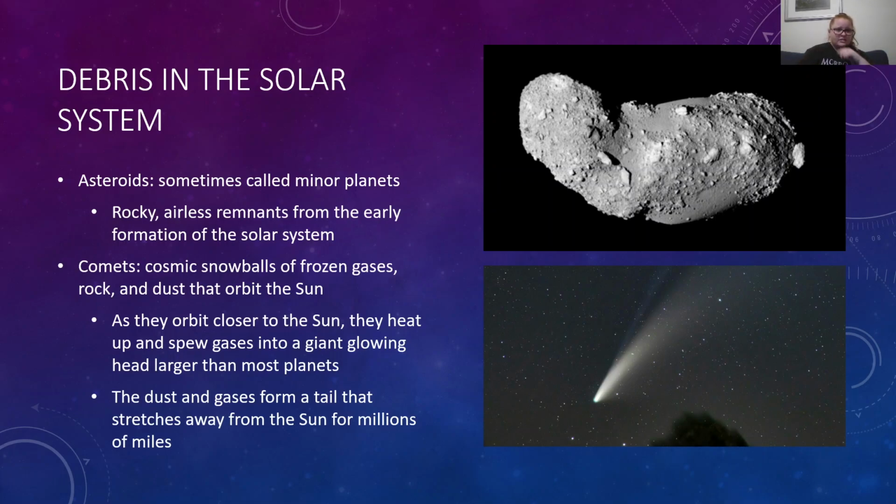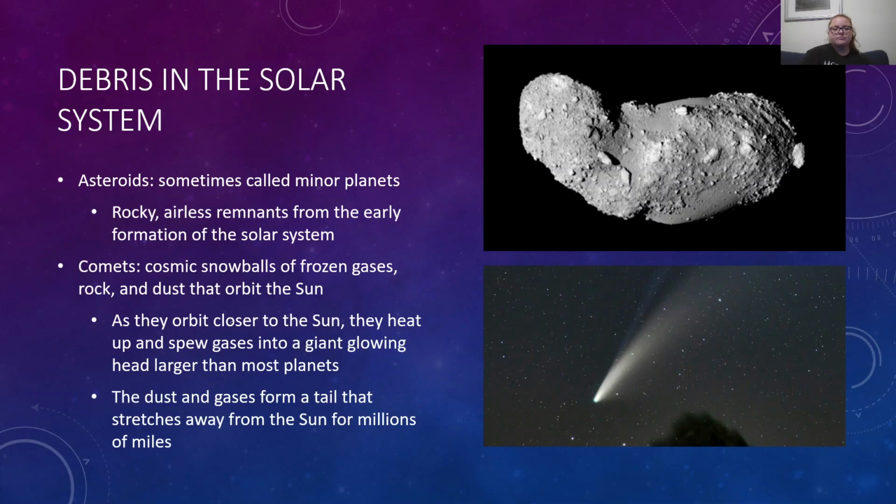Then we have comets, and these are sometimes called cosmic snowballs of frozen gases, rock, and dust that orbit the sun. Okay, and they have a very interesting orbit. I don't know if we'll see that here, but their orbits are very, very elliptical, very large.